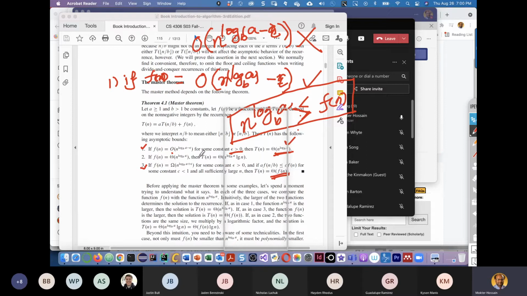So in case 2, here epsilon equals 0, a minus 0. I can say epsilon equals 0. So if it is a case like case 2, then we need this one, and then multiply by log n.